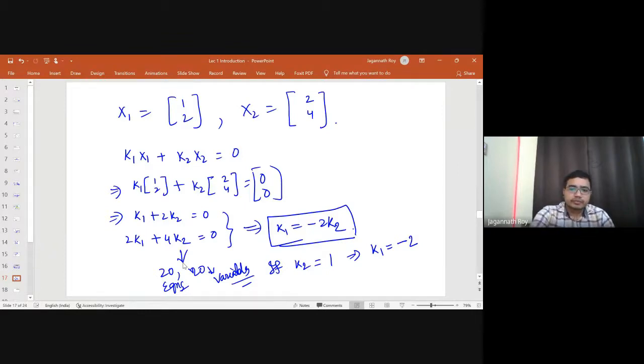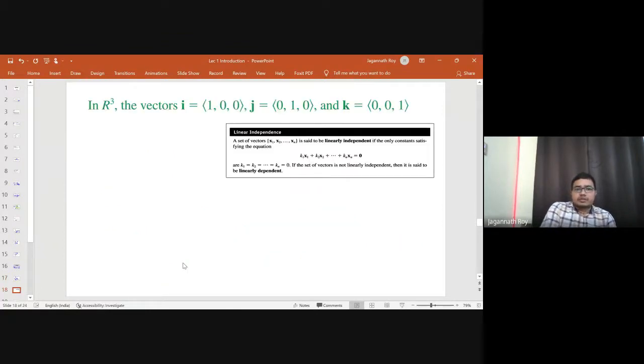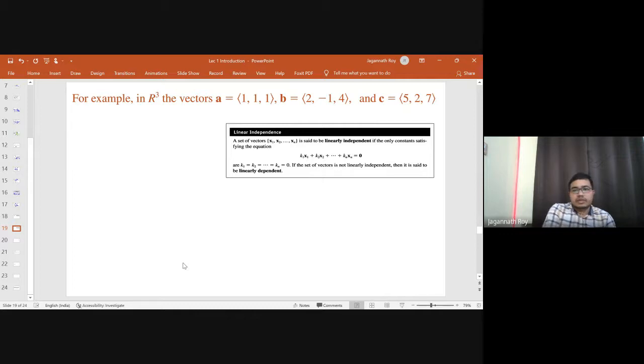Okay. So this is already done. I'll leave you this task: verify whether these vectors are linearly dependent or independent.